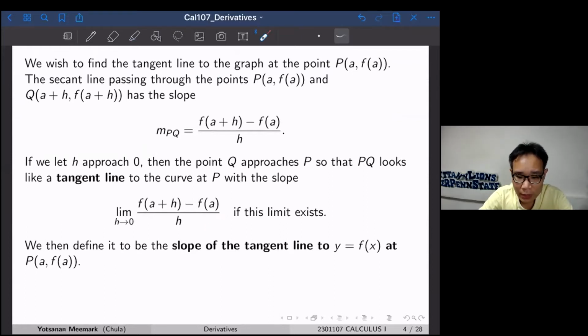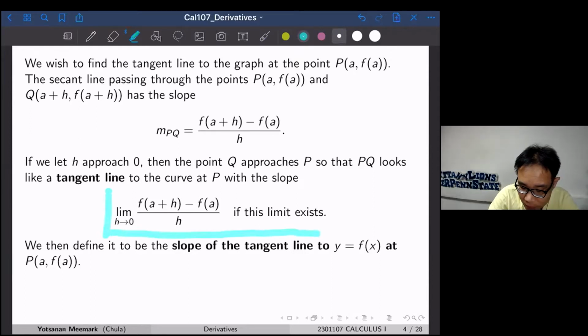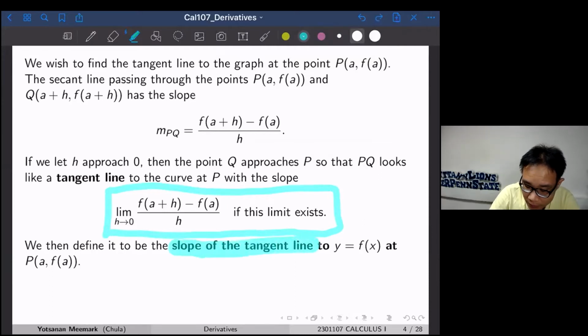If this limit exists, it gives you the slope of the tangent line we are looking for, the slope of the tangent line to y equal to f(x) at the point P.